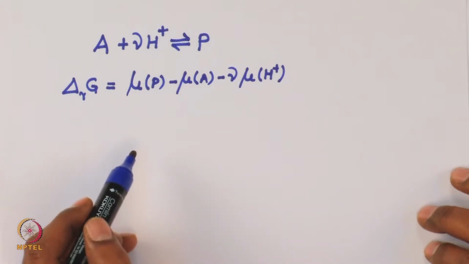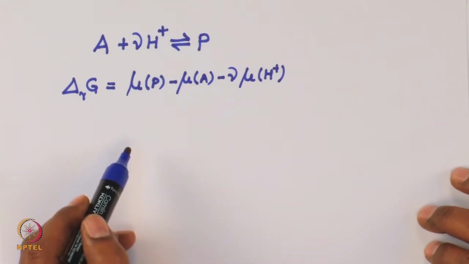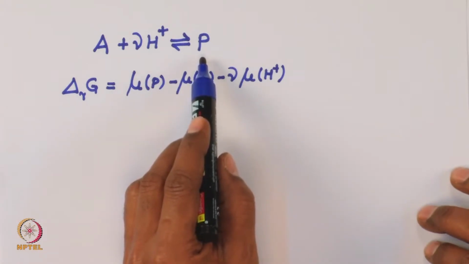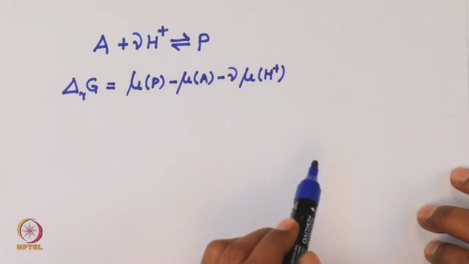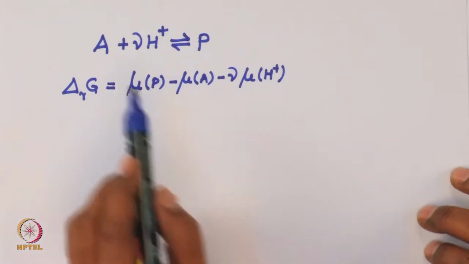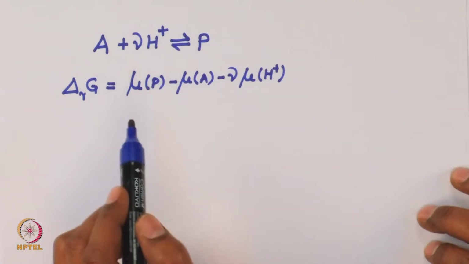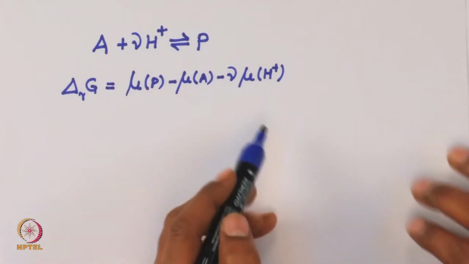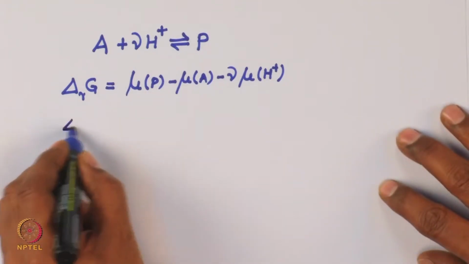Now, let me assume a situation where A and P are in their standard states except H plus. I repeat, let us assume a situation where A and P are in their standard states except H plus.